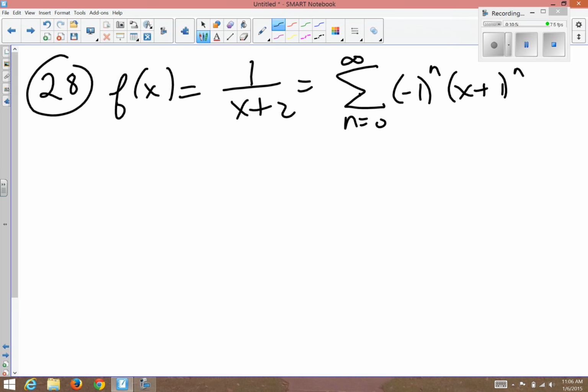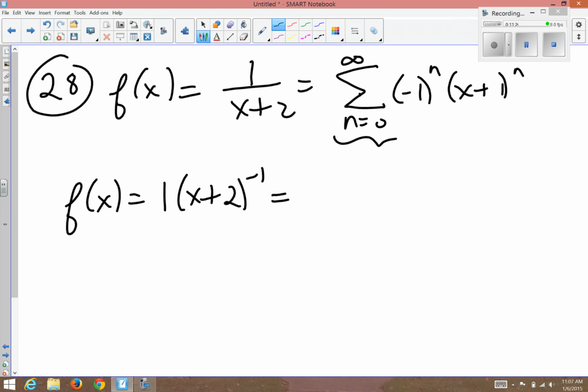So we found a function that we decided to call f of x, and it represents this infinite series. We are now going to take the derivative of both sides, or all three of these. Actually, before we do that, we're going to rewrite 1 over x plus 2. We're going to write it as 1 times x plus 2 to the negative 1.